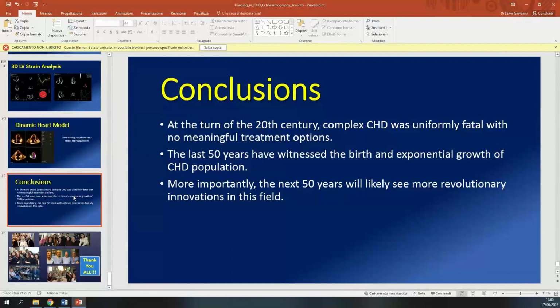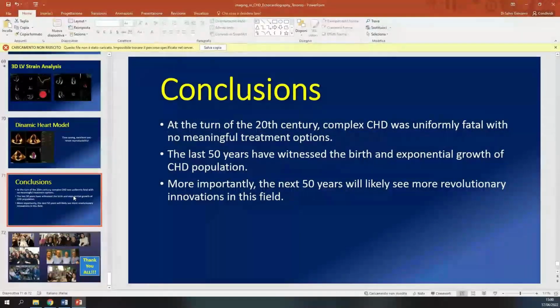Rather than basing ourselves on a cutoff value, we should think about changes over time in individual patients. Reproducibility is an issue for echo, and this is why I think artificial intelligence may come to the rescue and help echocardiography.